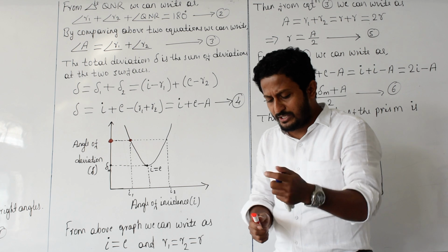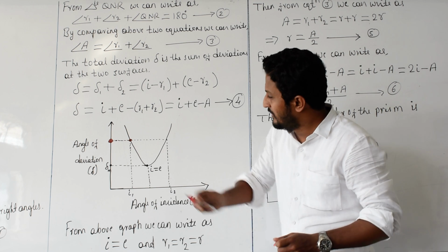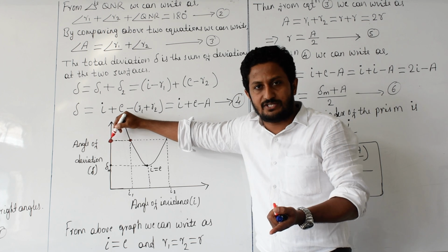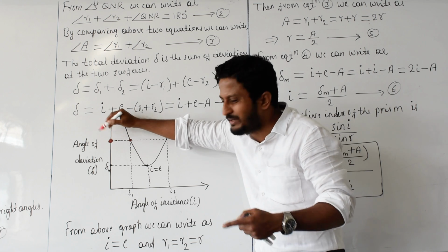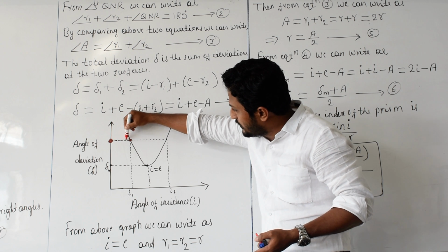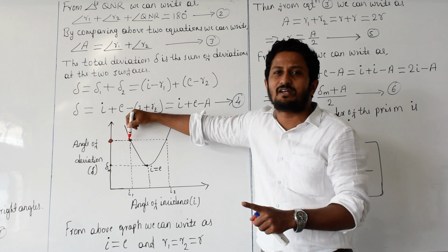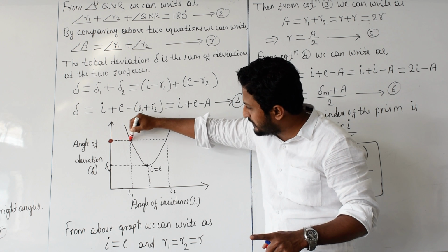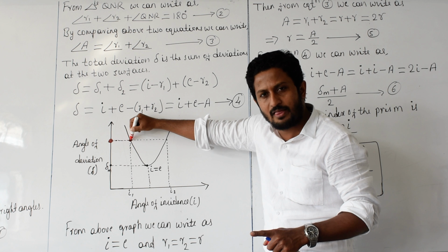Look here. According to the nature of the graph, for a particular angle of deviation, it may be any value. As you move along the graph, that value is going to touch the curve here.